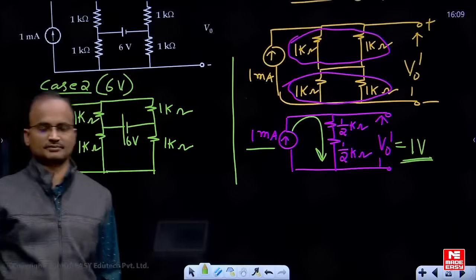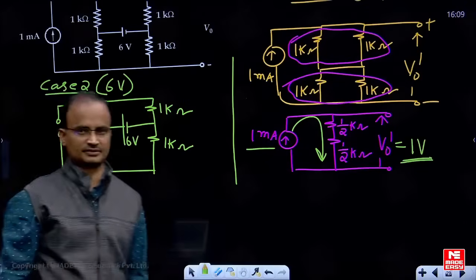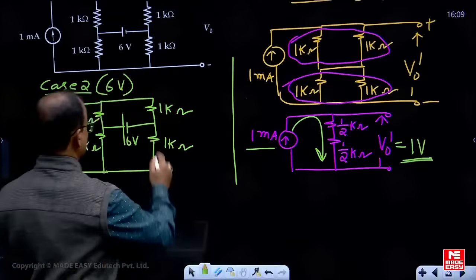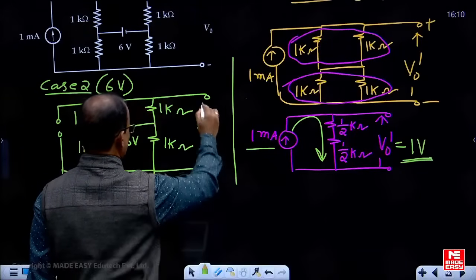Now in this example, one diagonal point is open circuited and on the other diagonal point the voltage source is present. Now we can use the application of the balanced bridge. Here the requirement is the voltage across this one, V0 double dash.